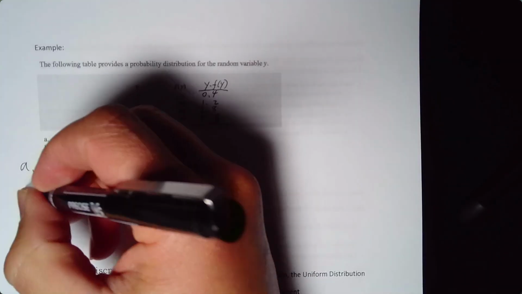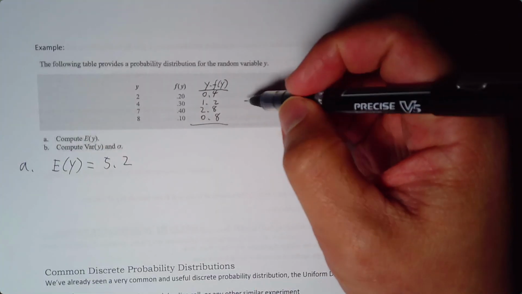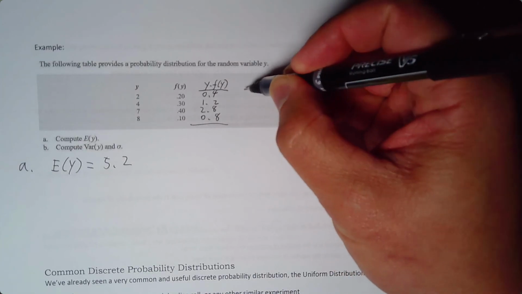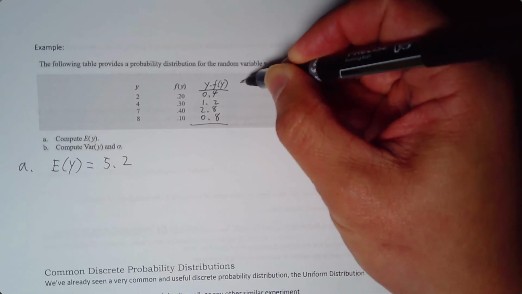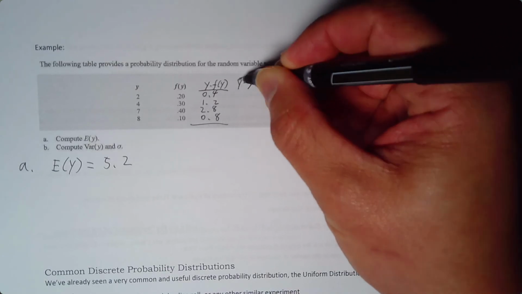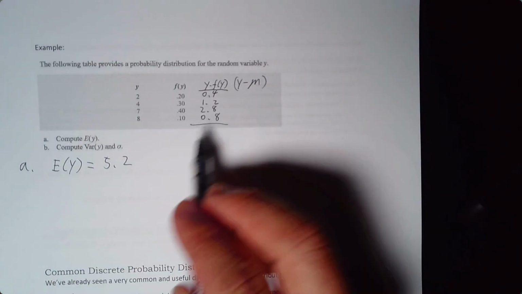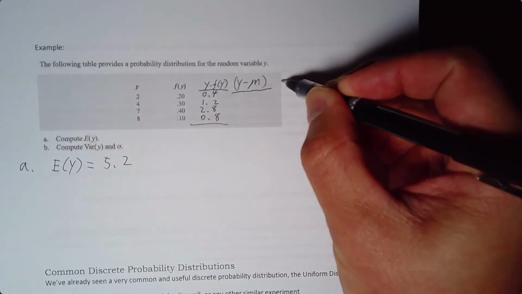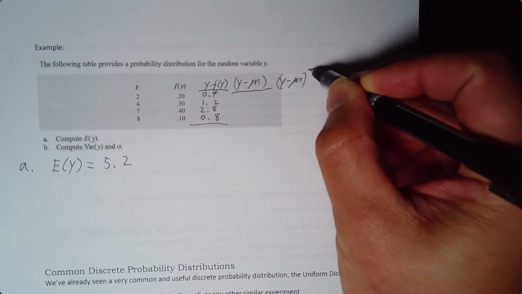Now for the variance of y, you probably want to use the table as well. I recommend creating a table: y minus mu. What is mu? I got mu right here. So y minus mu here, and then y minus mu squared.